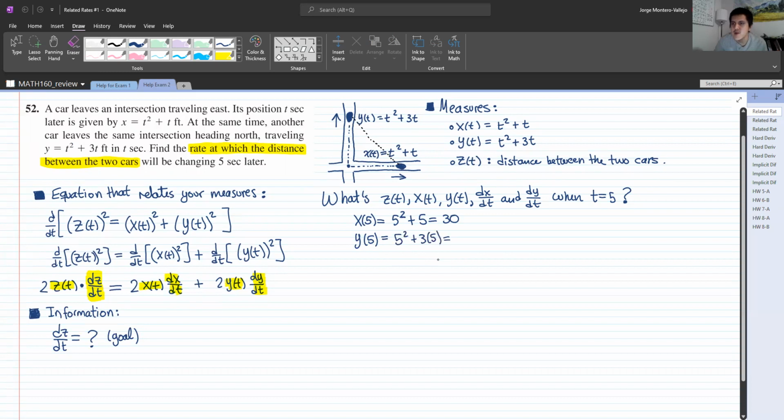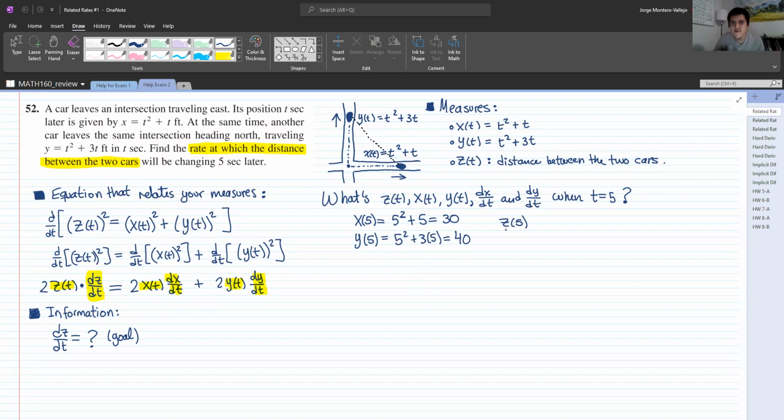Okay, 5 squared is 25, 3 plus 3 times 5 is 15, 25 plus 15, that is 40. Right? Okay. Now, what is z of 5? Well, we didn't write down the explicit definition of z of t.